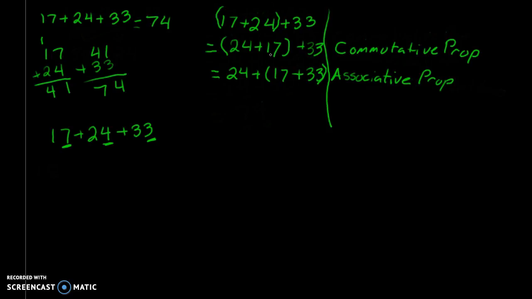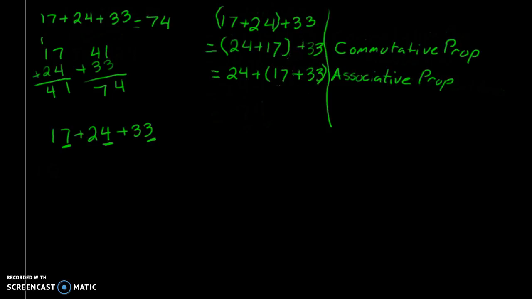So 24 plus 17 and then plus 33 will give us the same answer as 17 plus 33 plus 24. That's a beautiful thing about addition and about multiplication. The associative property and the commutative property allow us to make the equations easier for us to work with.